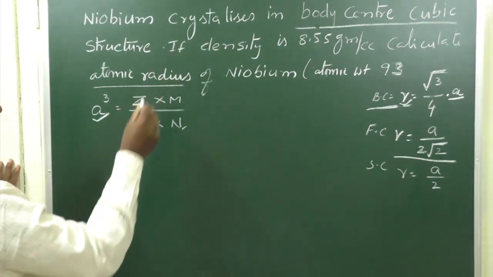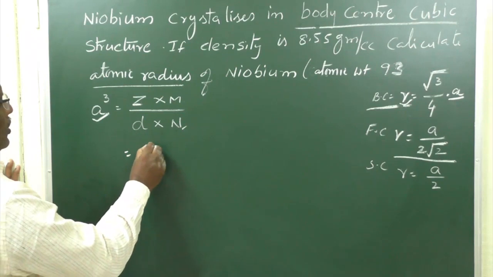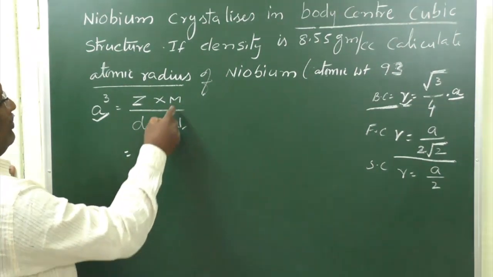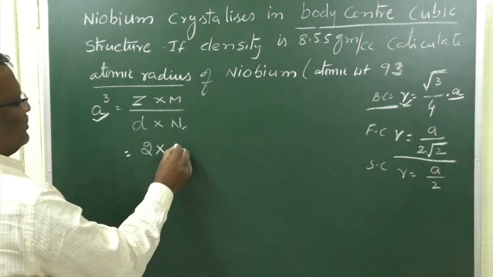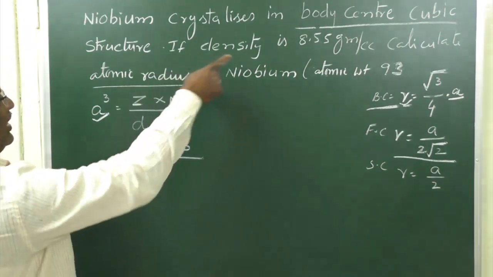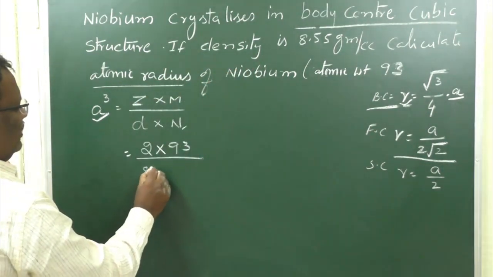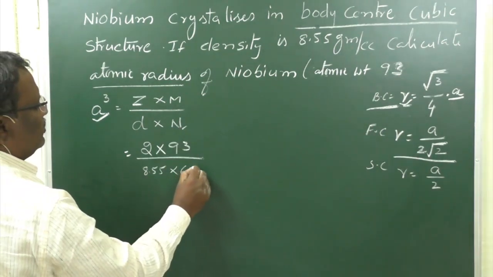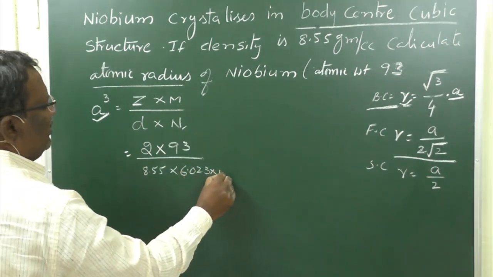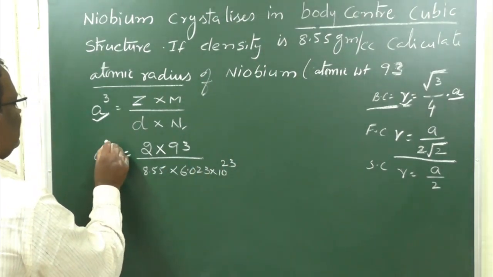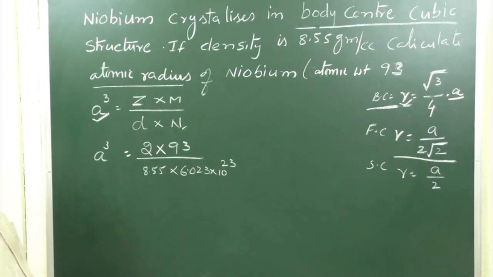Since it is a body center cube, Z is equal to 2. M, the atomic mass, is also given, this is 93, and density D is also given, 8.55, and Avogadro number N is 6.023 into 10 to the power 23. From this you will get the A cube value.